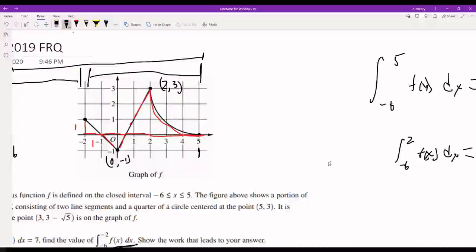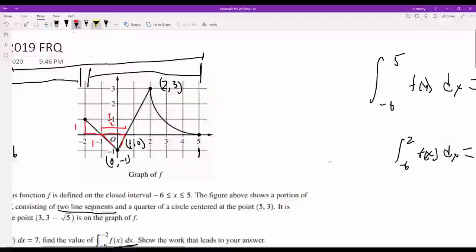And since the problem said these are 2 line segments, if the slope of the line is 2, then this must be the point 1/2, 0. Which means that the width of this portion is 1.5, or 3/2.